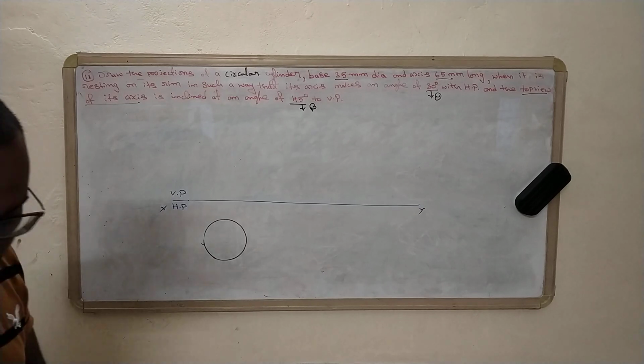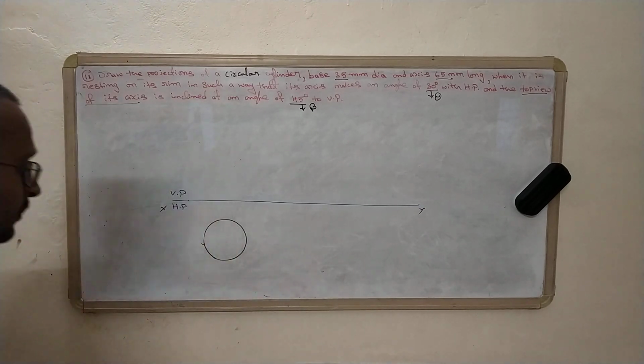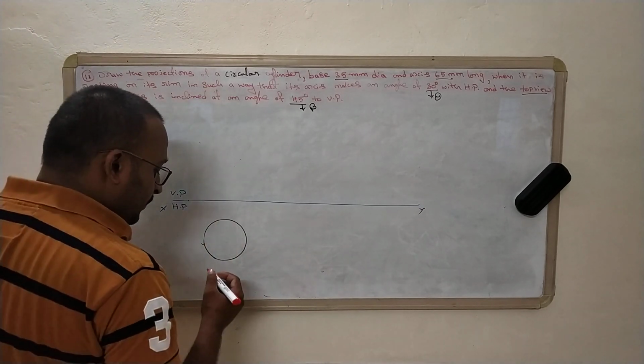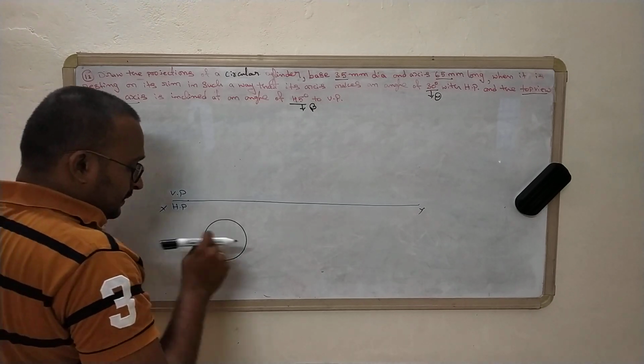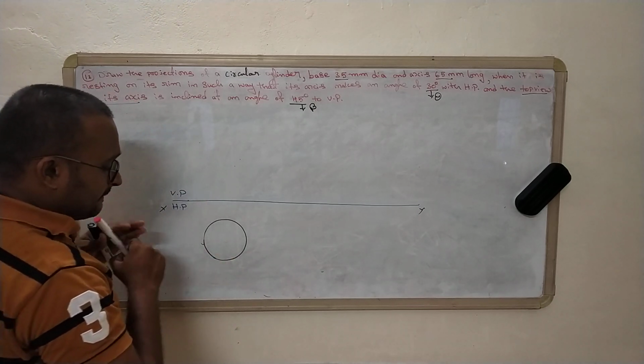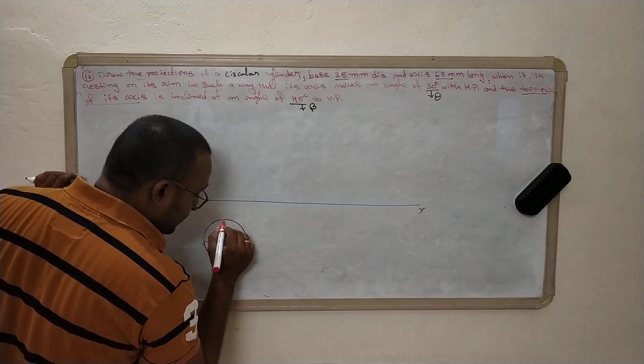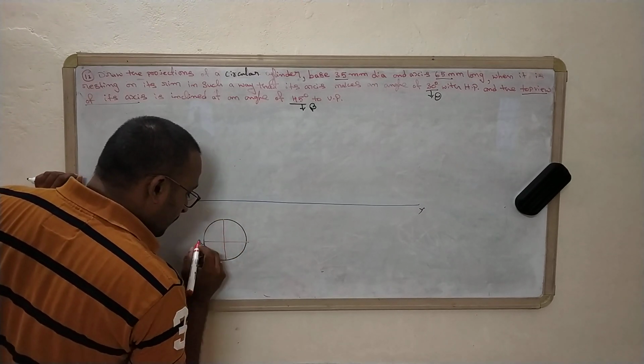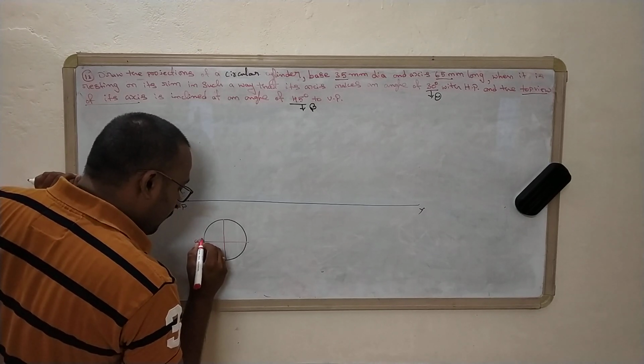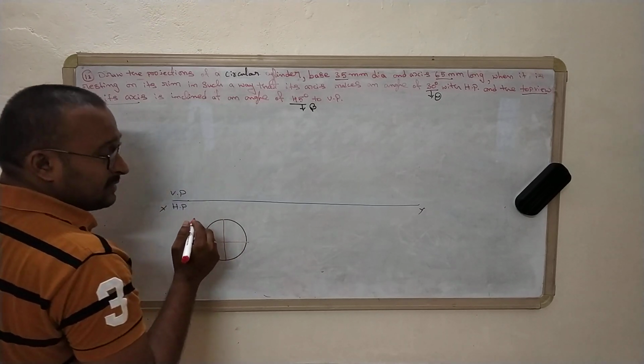So here this is the top view, and then here you need to divide this into a number of equal parts. Let us say 4 equal parts. A of 1, because it's a cylinder, it's not a cone.